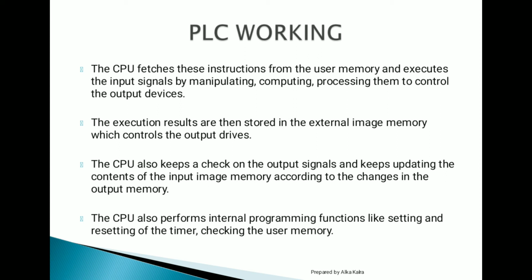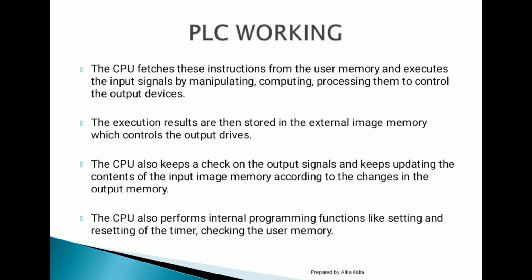Now what is the function of CPU? CPU fetches, fetches means reads, these instructions from the user memory and executes. Execute means run the input signals by manipulating, computing, processing them to control the output devices. The user writes the program in the memory. So what will CPU do? It will take the instructions from the memory. It will run those input signals.